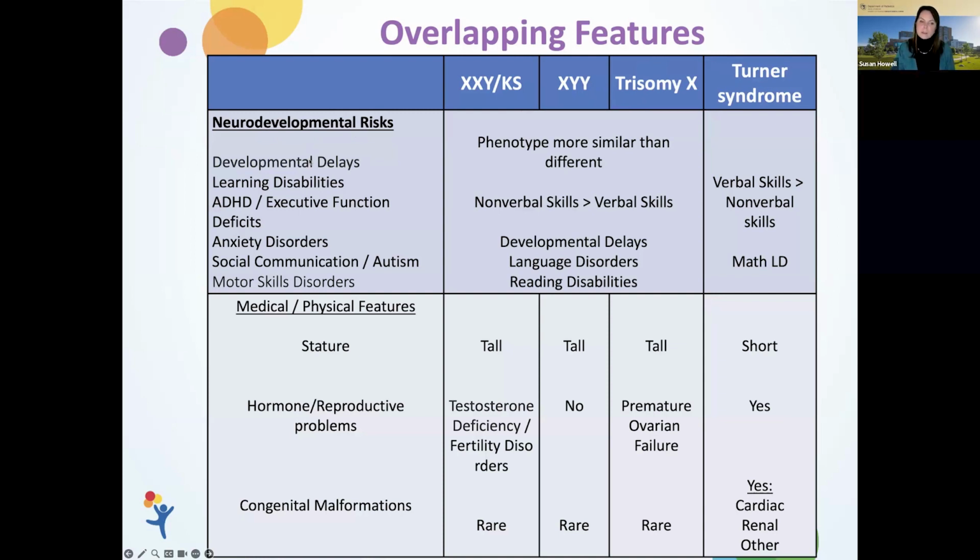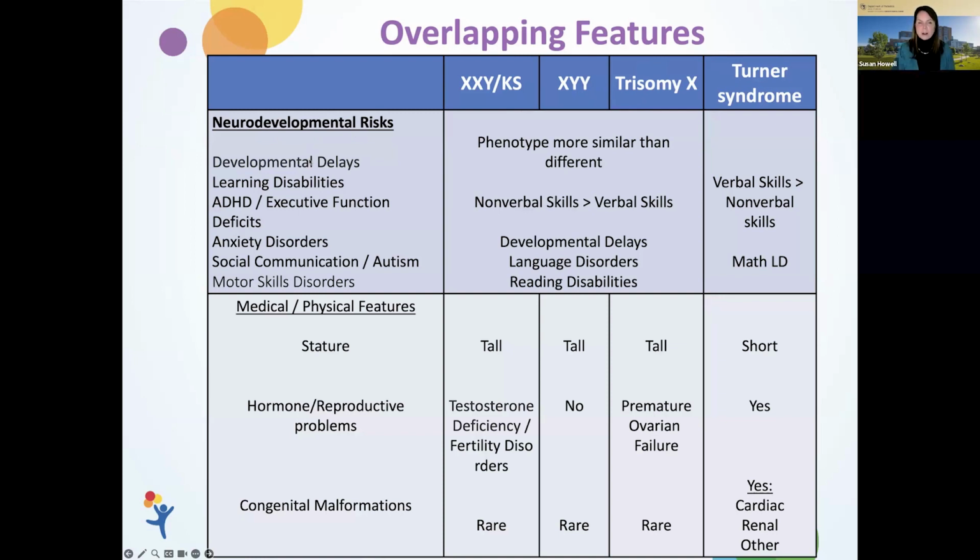And then when we look at the medical and physical features, we know that girls with trisomy X tend to be taller compared to their mean parental height, or what we would anticipate based on their parents' heights. We can also see a risk for premature ovarian failure.